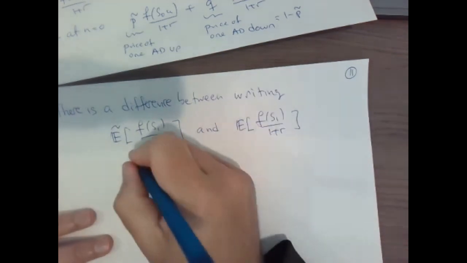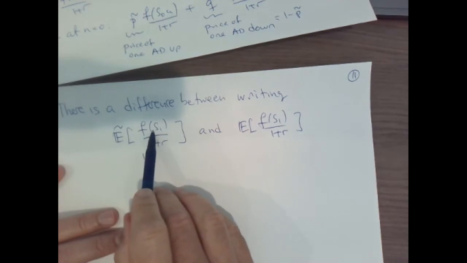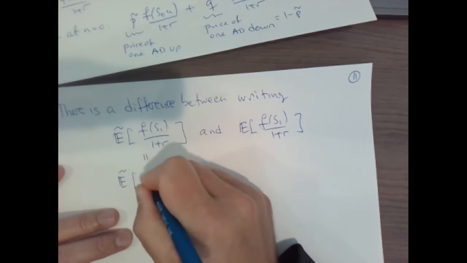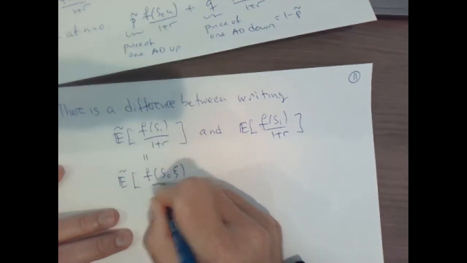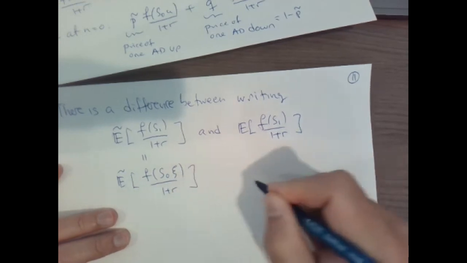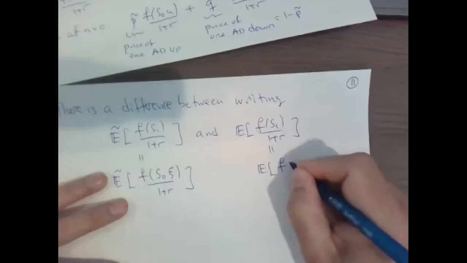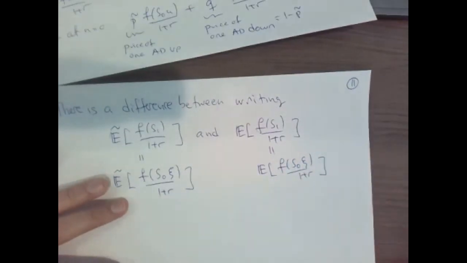Right, on one hand, how do we compute an expectation when there are two possible values of S1? This here is the same as the expectation of f of S0 times psi, divided by 1 plus r. And this thing here is the expectation, no tilde, of f of S0 times psi divided by 1 plus r.